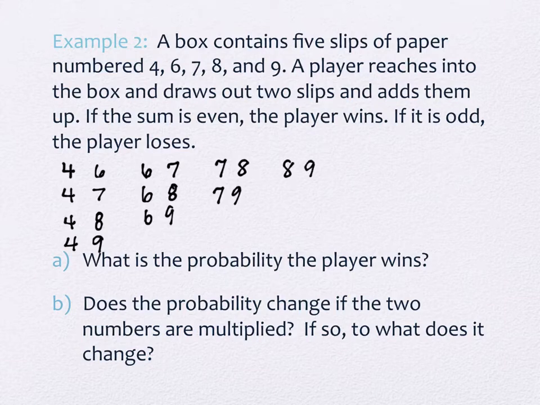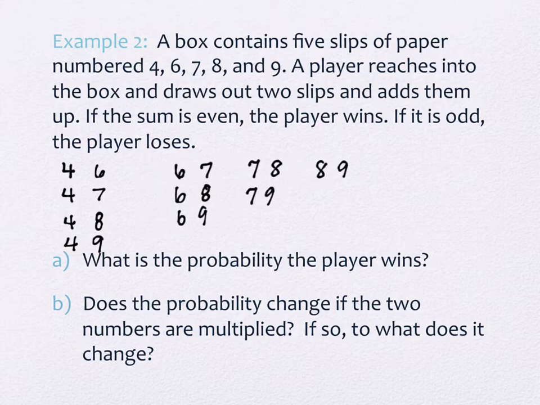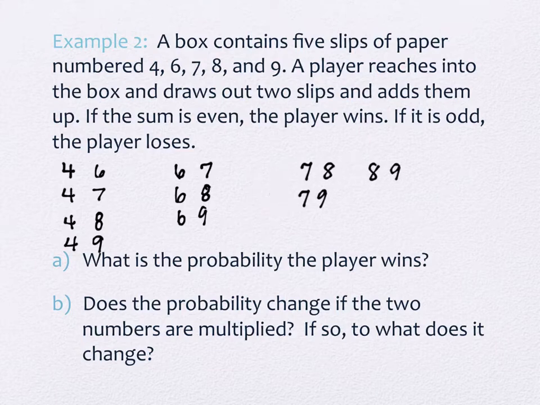So here I'm listing out my possibilities. Now, in this game, what I really care about is what happens when I add the numbers together, right? So we're going to go back and add the numbers together and see what we get. So the first one's 10. What's the second one? 11.